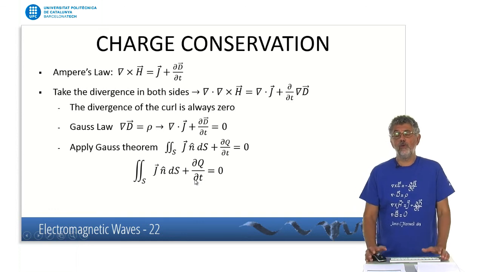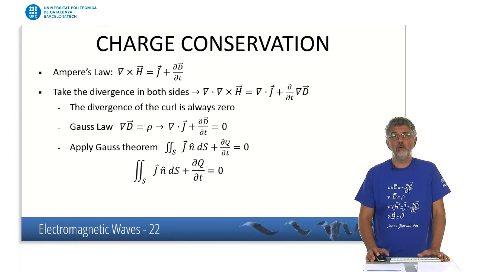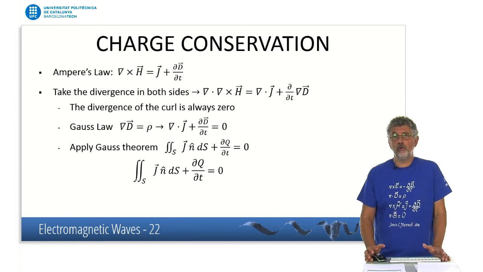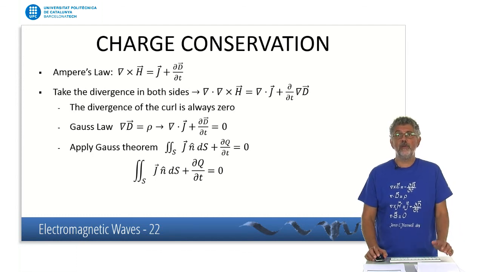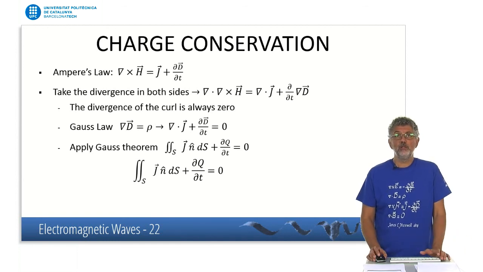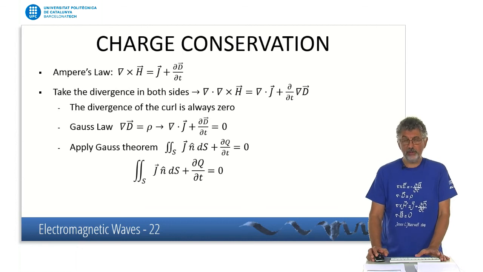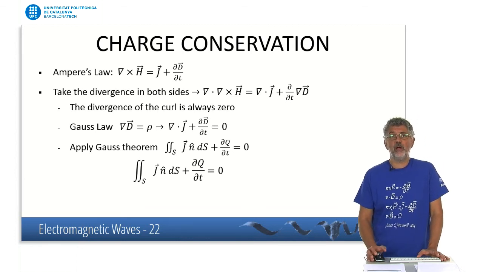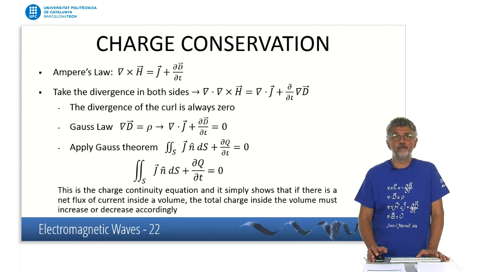If the net flow of the current over a surface is zero, then the charge inside that volume will not change. But if there is a net flow of current, either positive or negative, that means that the charge inside that volume will either increase or decrease. This is what is known as the charge conservation equation, which is directly derived from Maxwell equations.